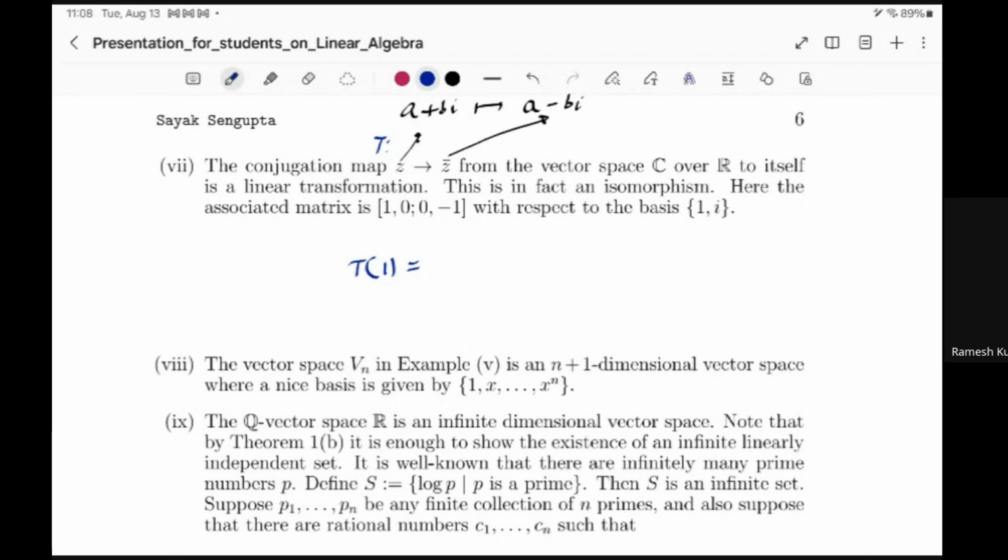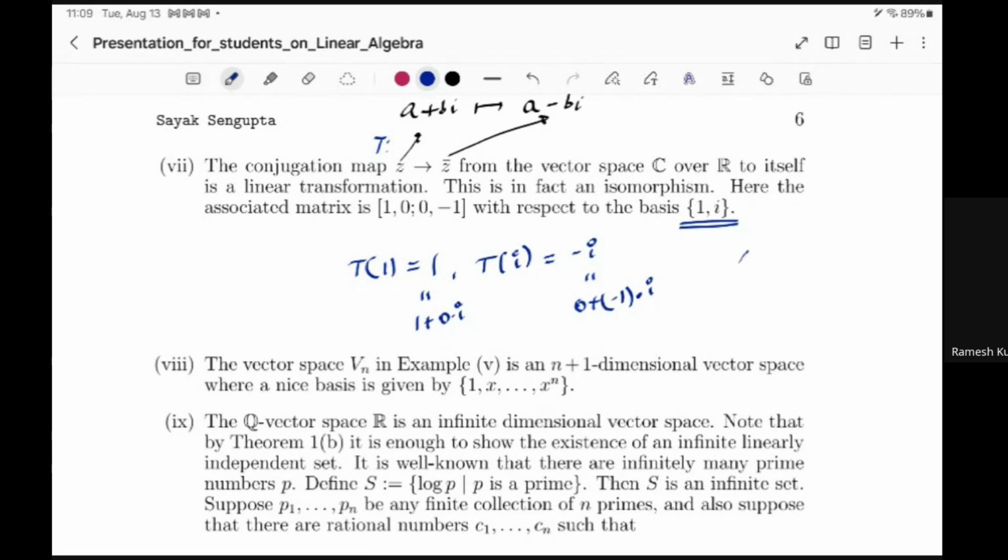T of 1 is 1, because 1 can be written as 1 plus 0 times I. And T of I, by the way, we are talking about the transformation under the basis 1, I, is going to be minus I. So I can write 1 as 1 plus 0 times I, and this as 0 plus minus 1 times I.